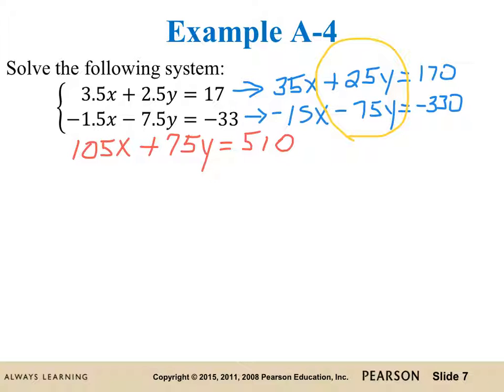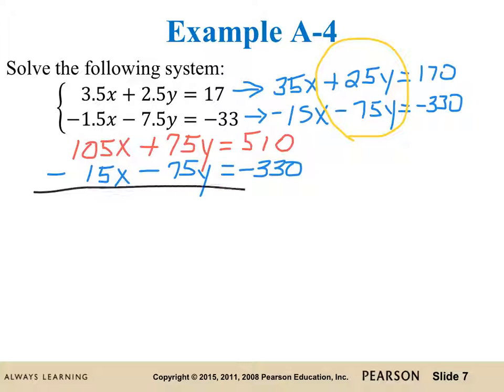And then to that, we will simply add the second equation, which is negative 15x minus 75y equals negative 330.